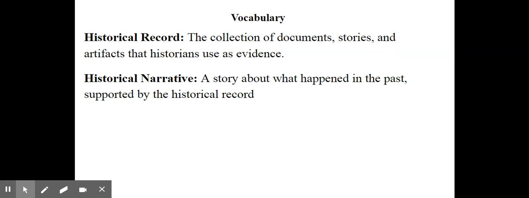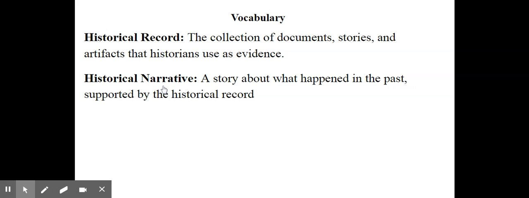All right. The next vocabulary word is historical narrative. A historical narrative is a story about what happened in the past, supported by the historical record. So whenever you see the word narrative always means story.